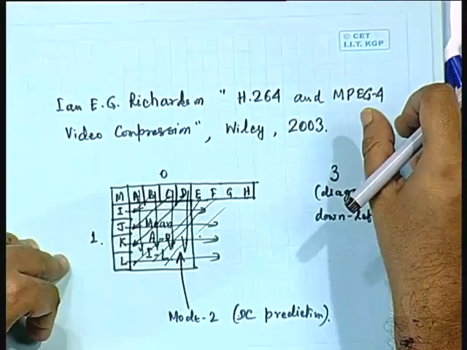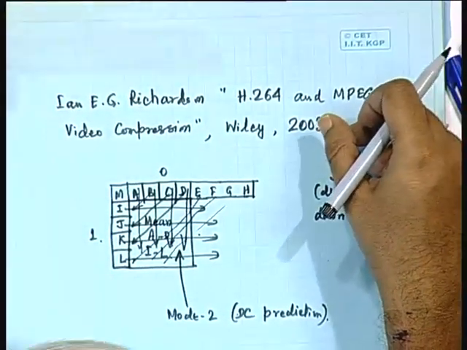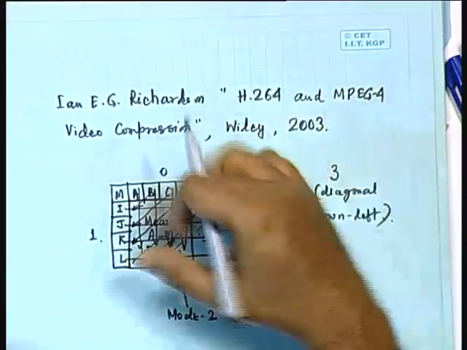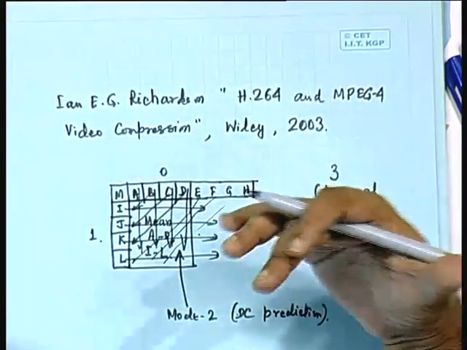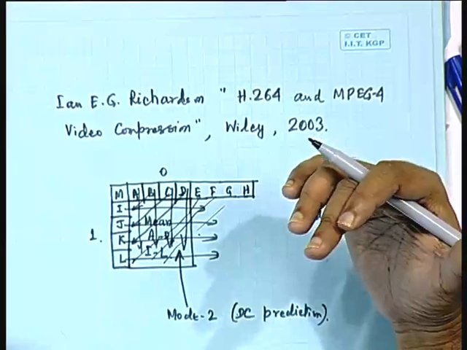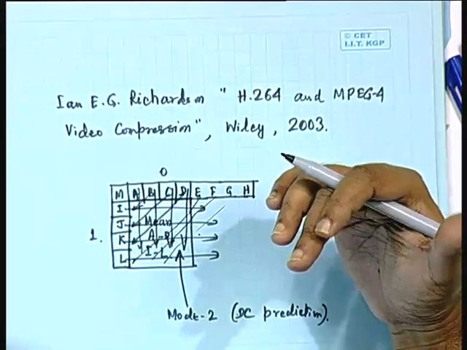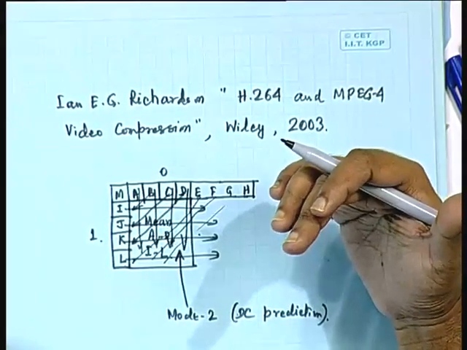So, this is just to explain why we require the mode 2, and so depending upon the intensity pattern, for example, if you find that the image is having more of vertical stripes, then it makes more sense to do a vertical propagation, that means to say a mode 0 prediction.